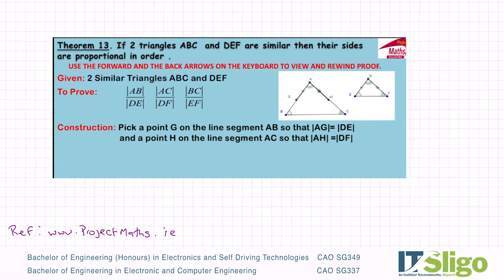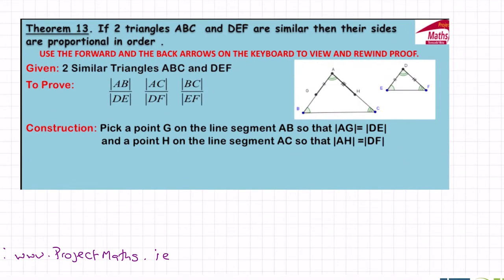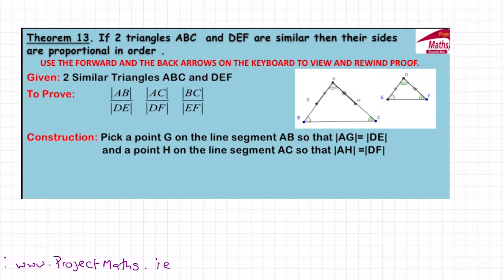So, do we need a construction on this? Yes, we do. We superimpose the small triangle onto the big one. That's more or less what we're doing. What do I mean by that? Well, you pick a point G on AB and the distance from A to G has to match DE. Okay, AG must be the same length as DE.